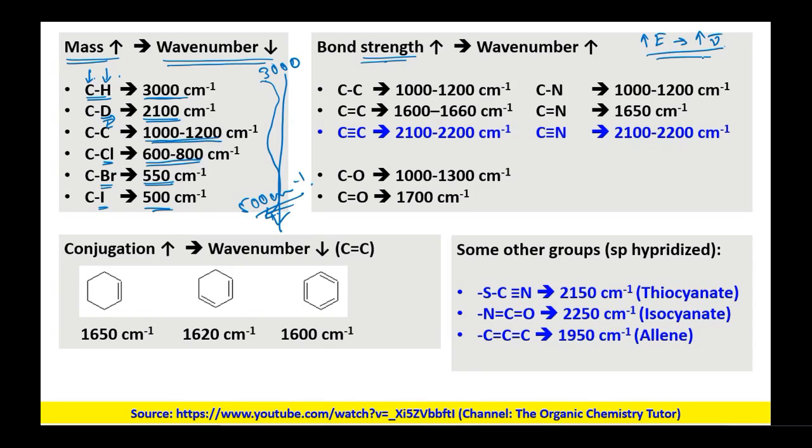So this fits in our logic. So let us see, C single bond C has a stretching at 1000 to 1200 centimeter inverse. C double bond C, you will have at 1600 to 1660 centimeter inverse. C triple bond C, we will have the stretching at 2100 to 2200 centimeter inverse.